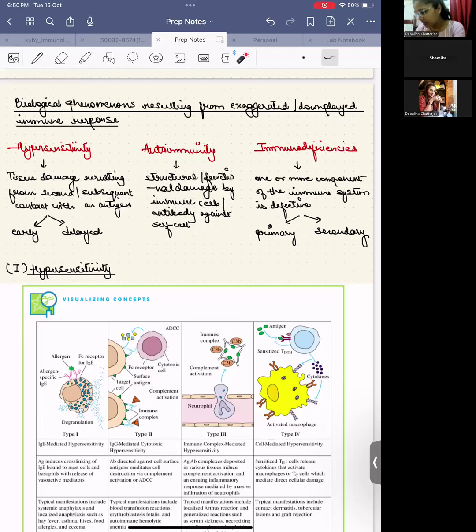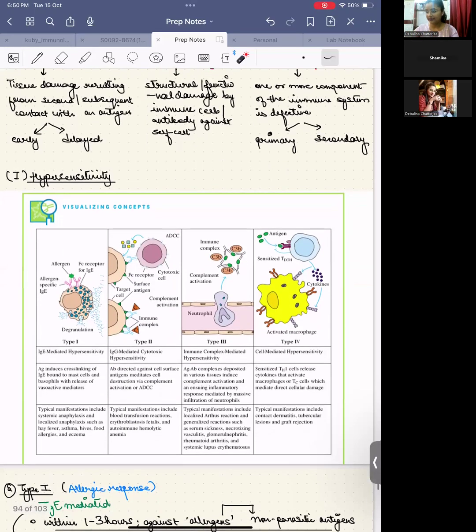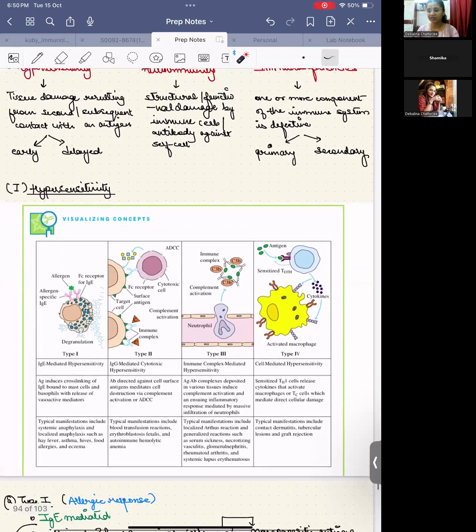So hypersensitivity can be of different types. The initial classification was based on the time in which the immune response is mounted. If it's a quick hypersensitivity that has developed with a very recent encounter with an antigen, it used to be classified as early, because the response time is less.